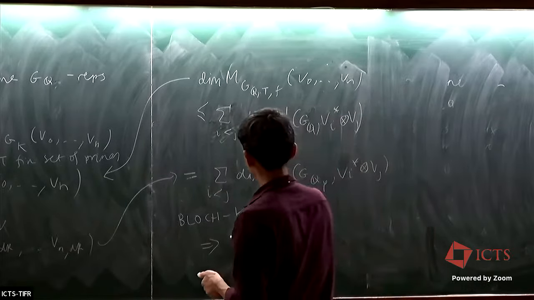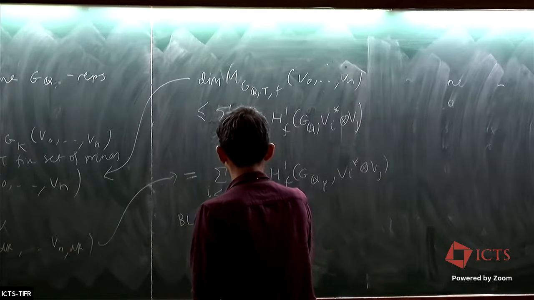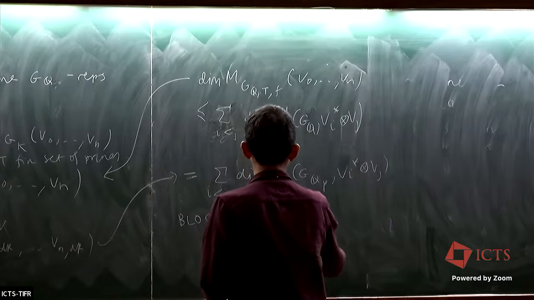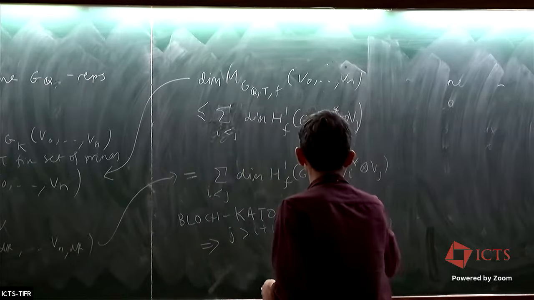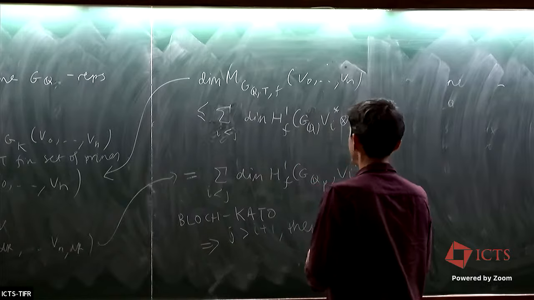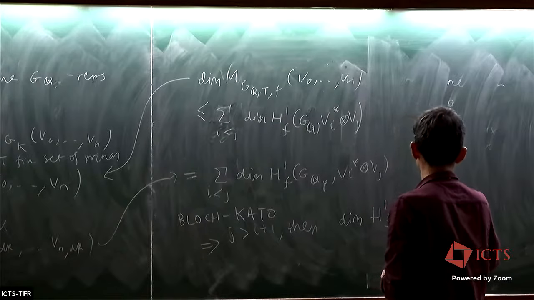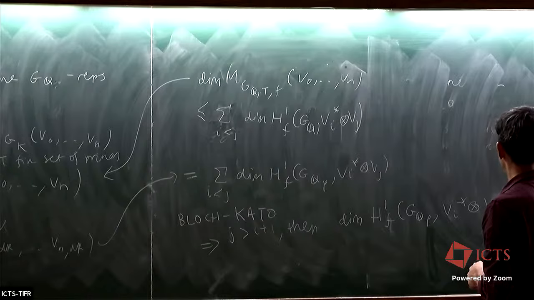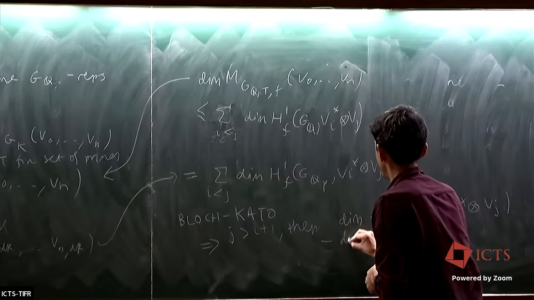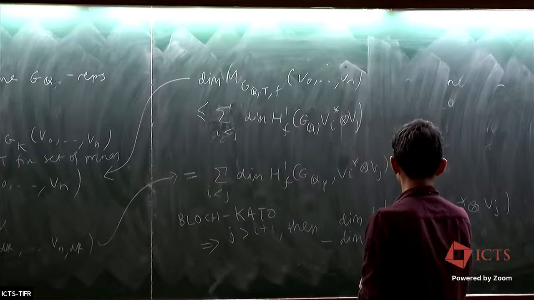If j is greater than i plus 1, then the difference in dimension between these two will tend to be j minus the dimension of H^1(G_Q).